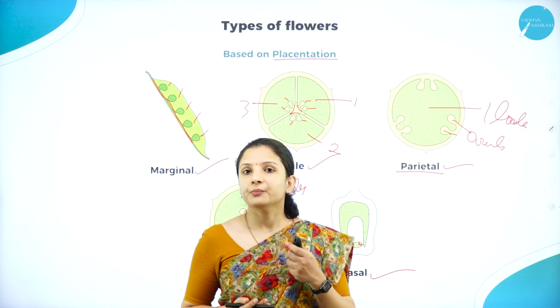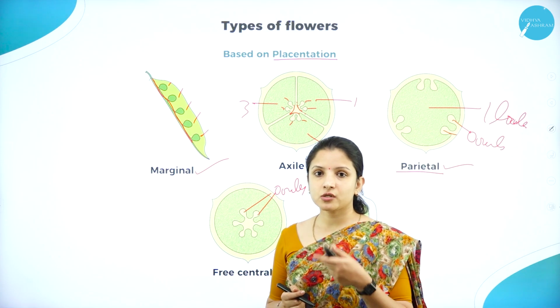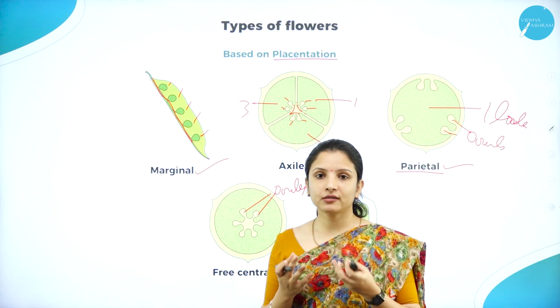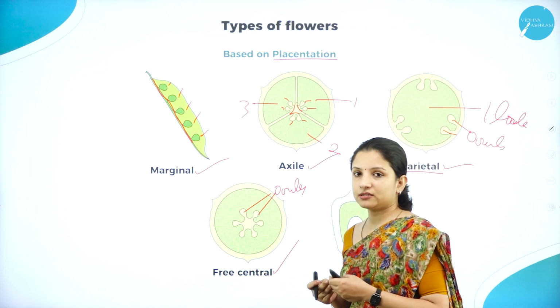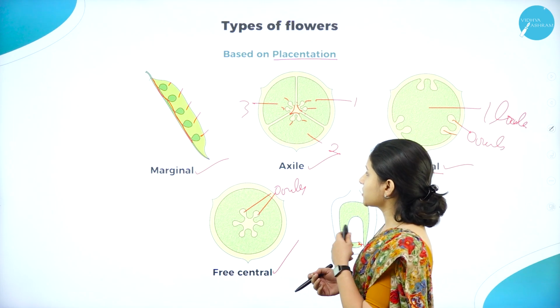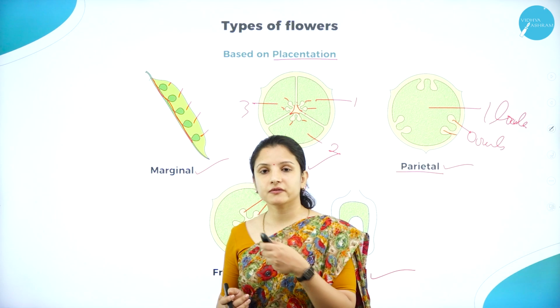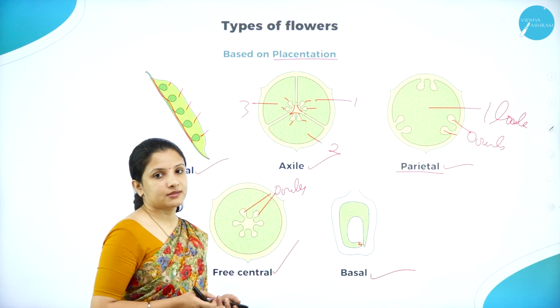So therefore, based on the arrangement of the ovules or based on the position where the placenta holds the ovule inside the ovary, the flowers can be categorized as marginal placentation, axial placentation, parietal placentation, free central placentation and basal placentation.